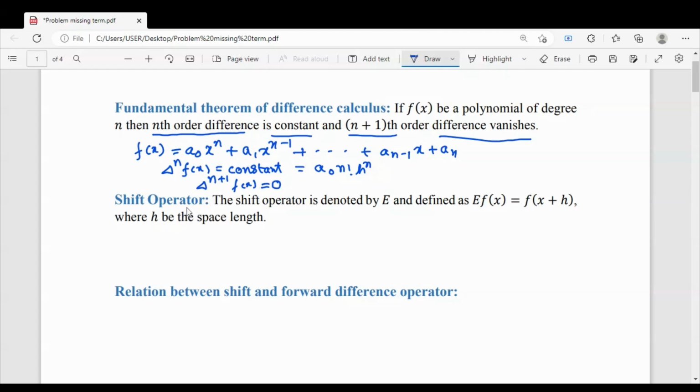Next we go to the shift operator. The shift operator is denoted by E and defined as E of f(x) equal to f of x plus h, where h is the space length.